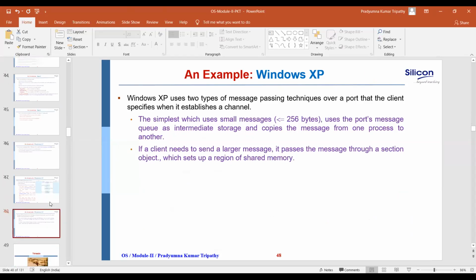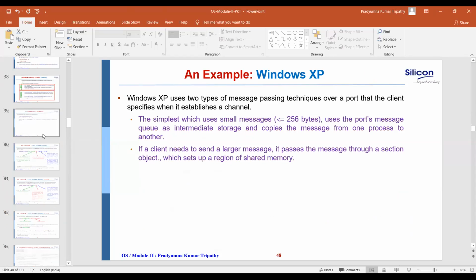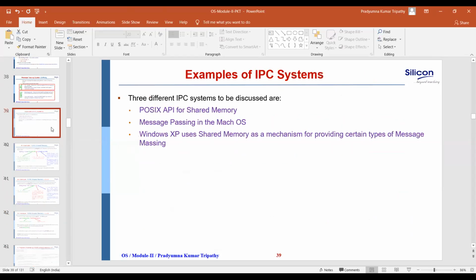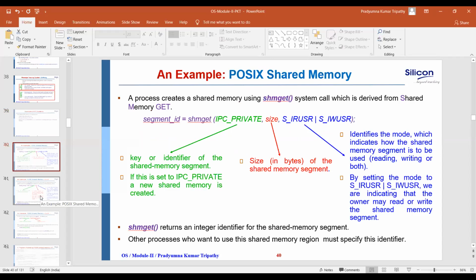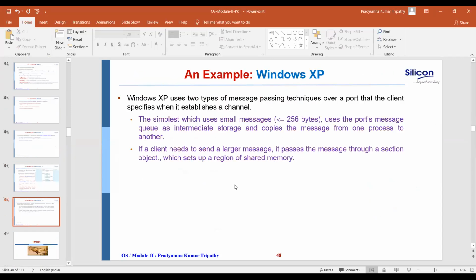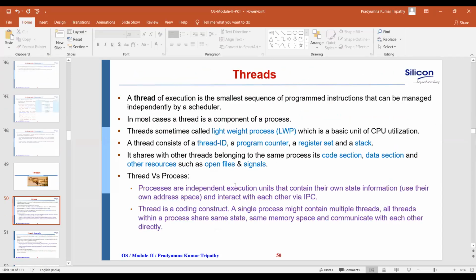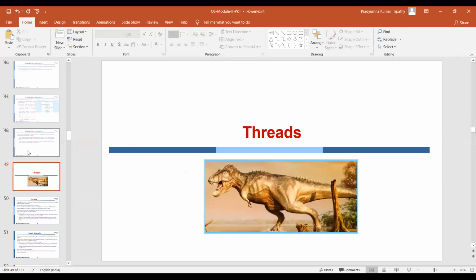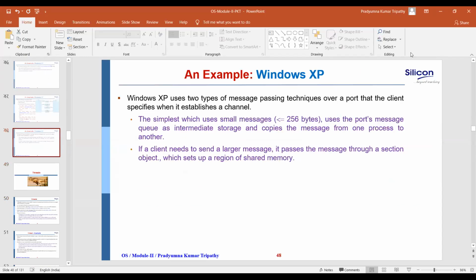It will not come in your exam. However, if you are interested, you may read about how this inter-process communication is implemented on POSIX, Mac, or Windows XP. Correct. So next class we will go for reading about the thread and its issues.